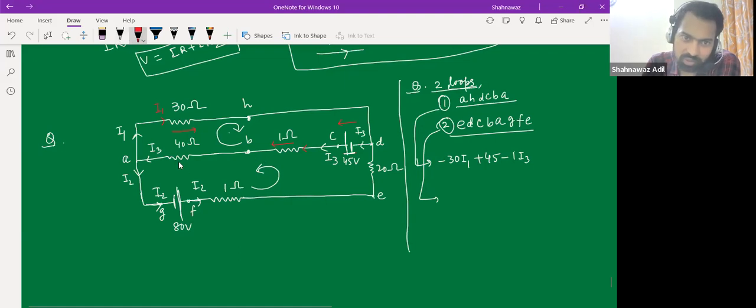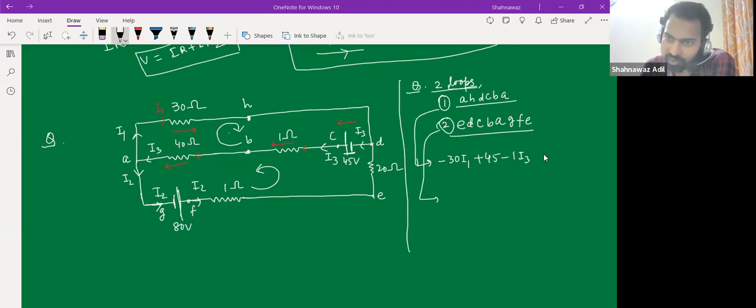And now let us come to this. What is the other voltage source? This one. The loop is in this direction and the current is in this direction. So what would be here, Aisha? Minus I, so minus I3, and the resistance is 40.